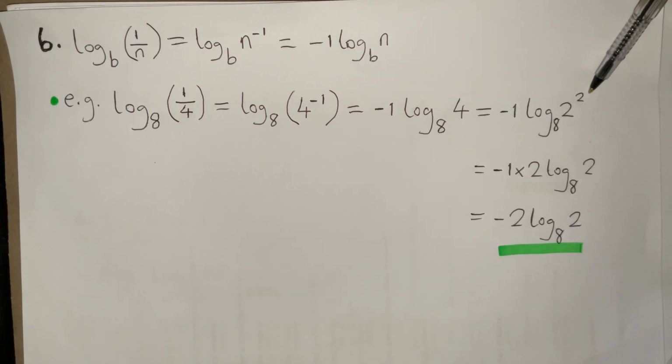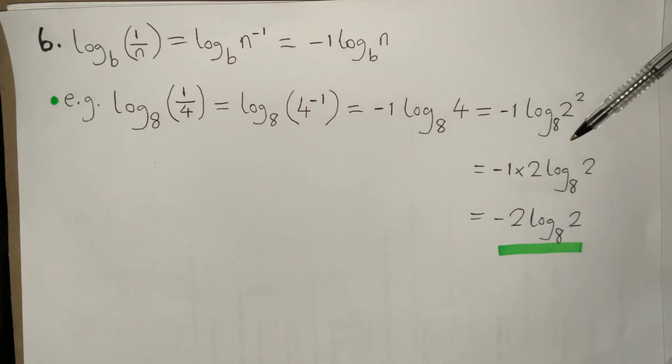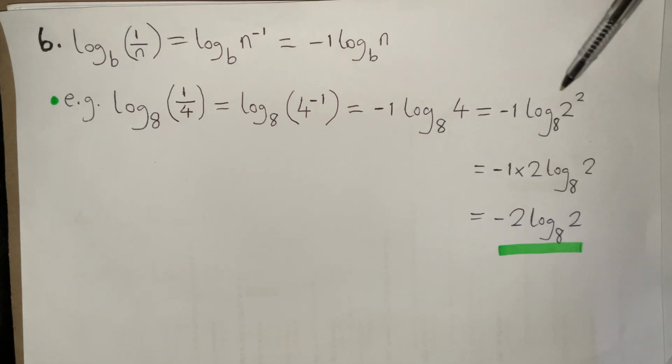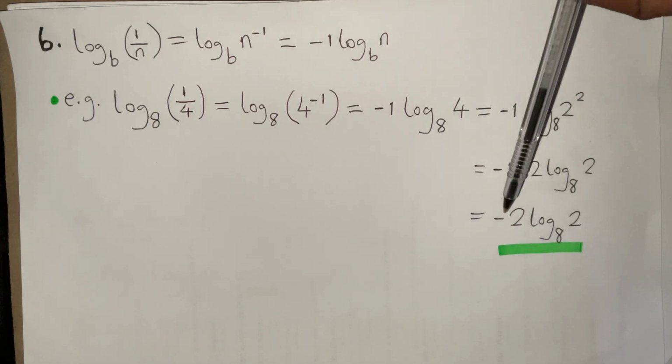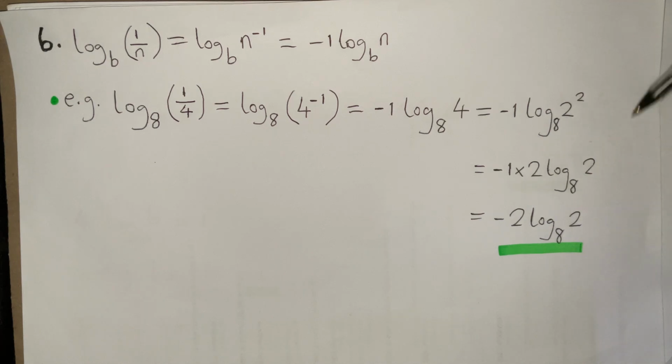This power 2 will go here to multiply the negative 1, according to the rule we touched on earlier. So it becomes minus 1 multiplied by 2 log of 2 to base 8, which is minus 2 log of 2 to base 8.